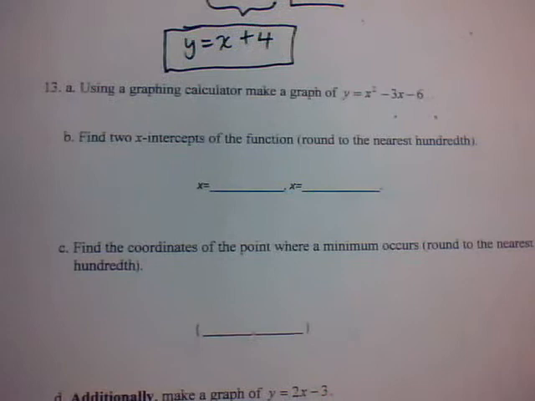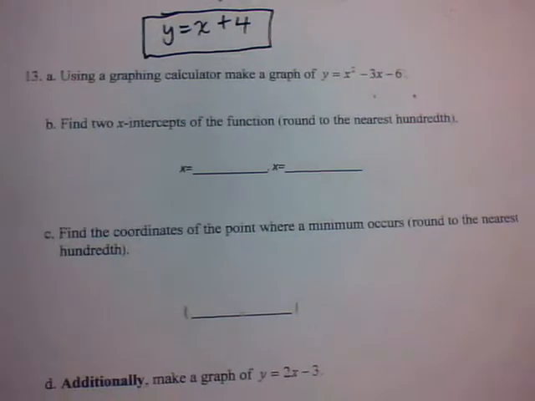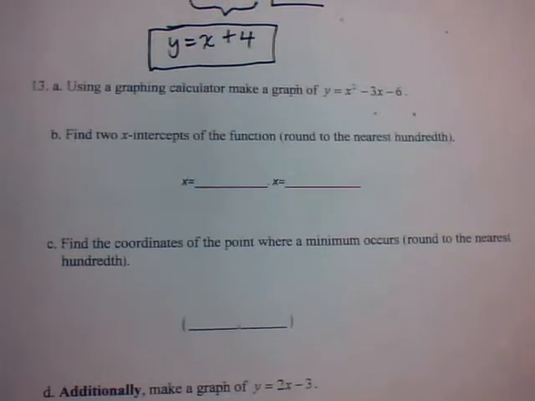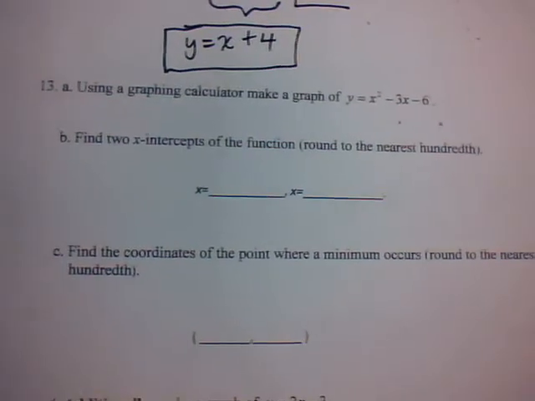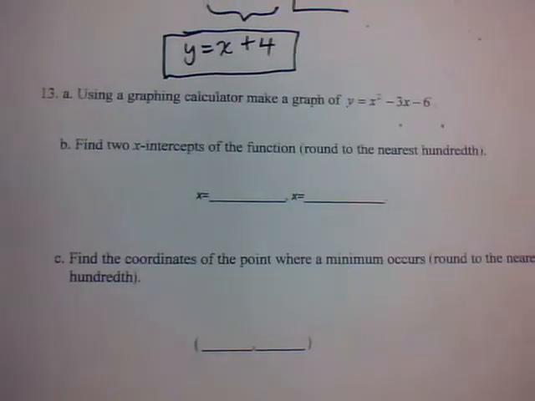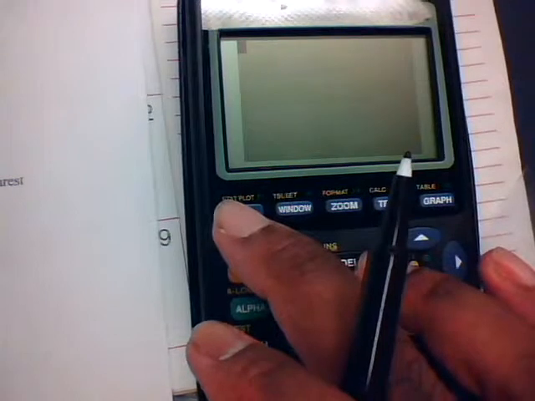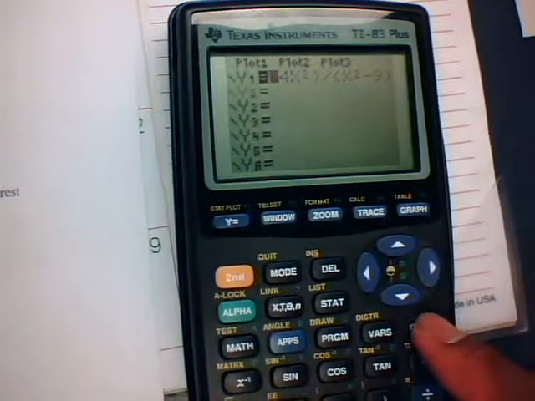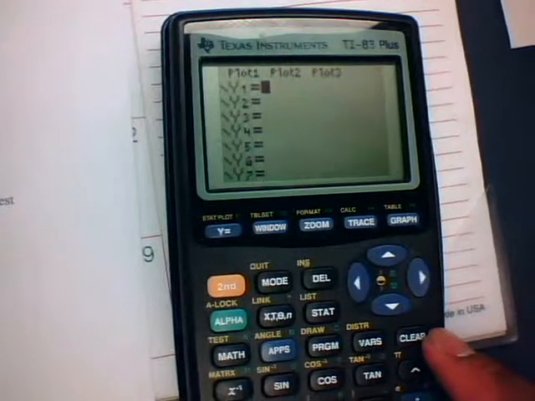And finally, number 13 is a 5-part problem where you're going to be using the graphing calculator. In this case, you're going to use the graphing calculator to make a graph of the equation y is equal to x squared minus 3x minus 6. Okay, so let's use our calculator. We're going to type in the equation. So we'll press y equal. Let's erase this equation by pressing the clear key.